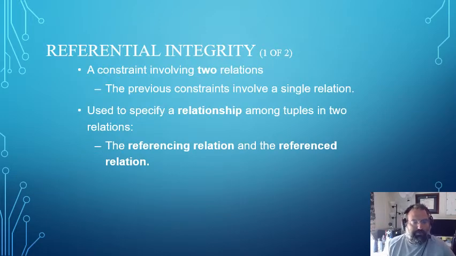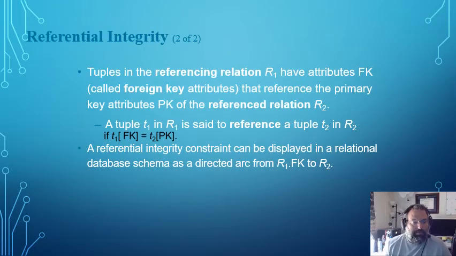Referential integrity, a constraint involving two relations. The previous constraints involve a single relation. Referential integrity is used to specify a relationship among tuples in two relations: the referencing relation and the referenced relation. Tuples in the referencing relation R1 have attributes called foreign key attributes, FK, that reference the primary key attributes, PK, of the referenced relation R2.